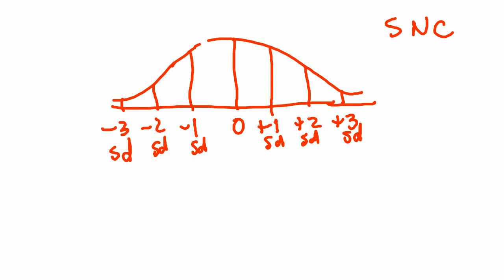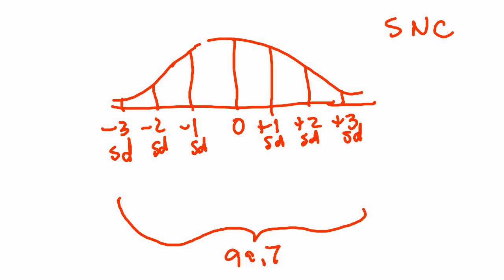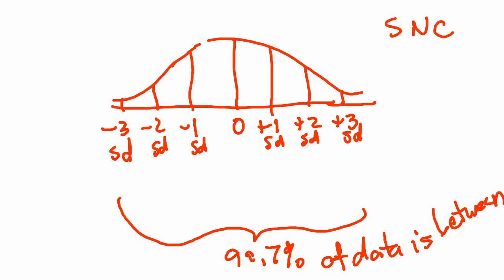Using the empirical rule, approximately 99.7% of the data is between plus or minus 3 standard deviations from the mean.